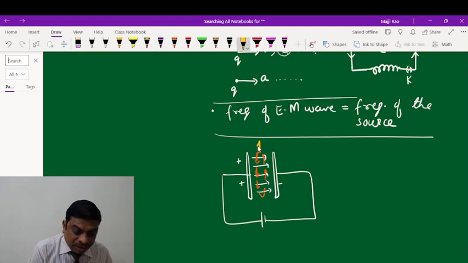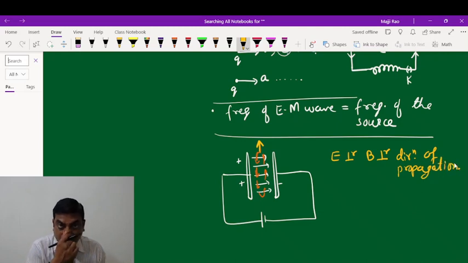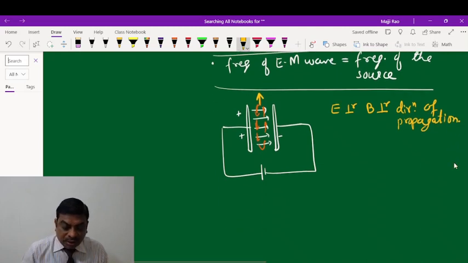So basically, the electric field will be perpendicular to the magnetic field, which will be perpendicular to the direction of propagation. Okay, students?